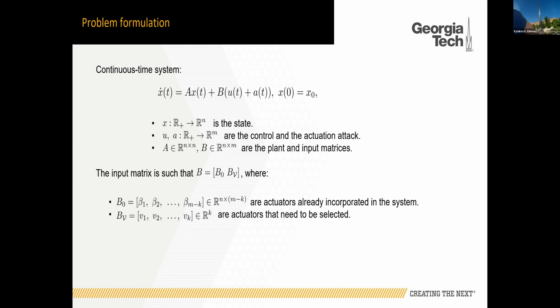Inside this B matrix, I have some parts that I can change. The parts that cannot be changed are this B0, and the parts that can be changed are this BV. Again, I want to learn in real time by using reinforcement learning without knowing the model. For example, here you can see that I won't be able to know A and B. I want to place the BV, by placing the V1, V2, and so on and so forth.